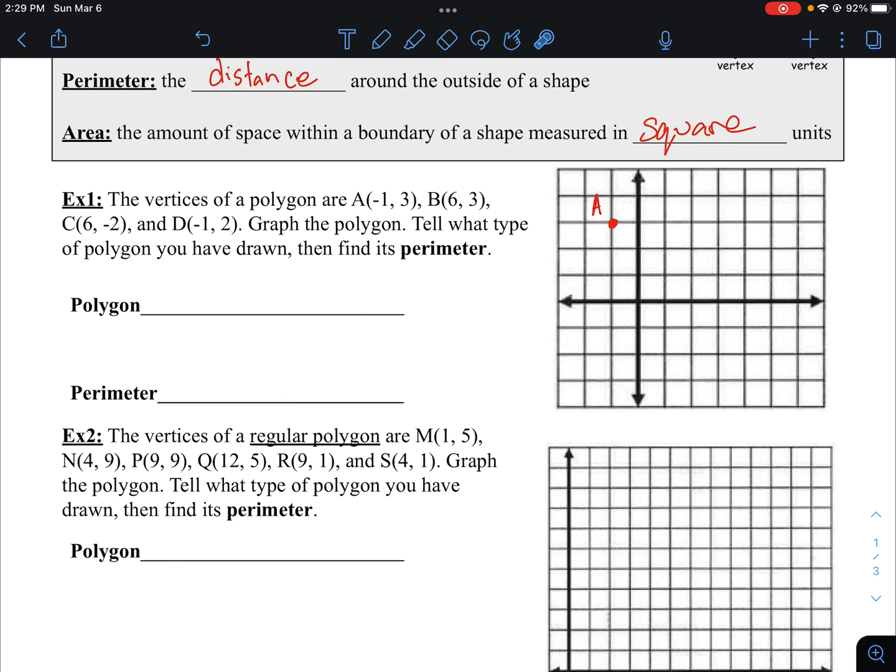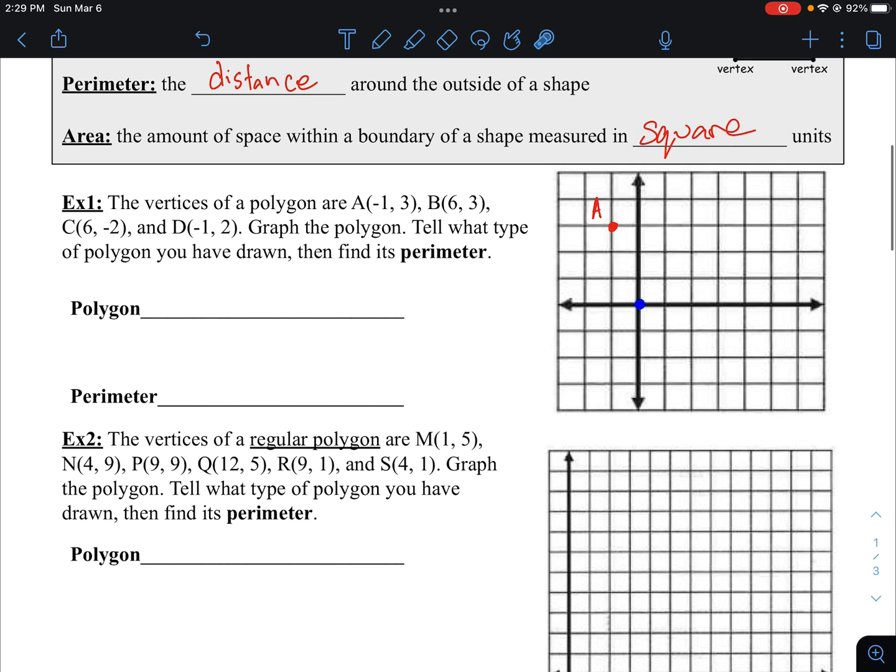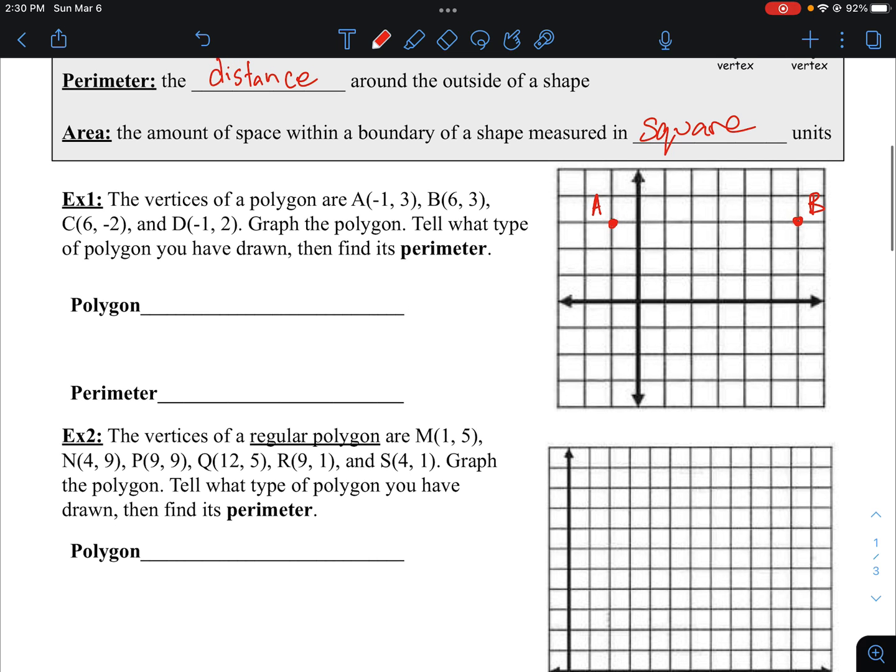Point B is at 6, 3. So I'm going to go right 6 spaces: 1, 2, 3, 4, 5, 6. And up 3: 1, 2, 3. And that's B. Let's do C now. C is 6 and -2. So go 6, and -2 means I go down 2.